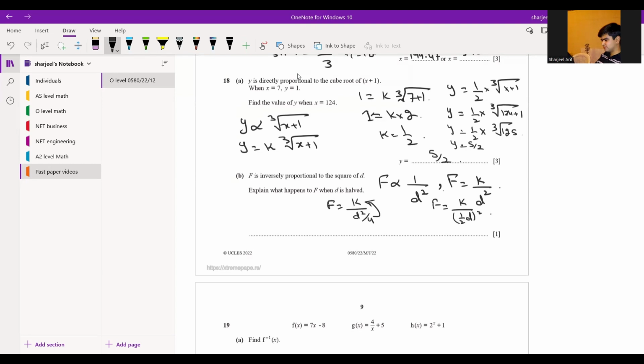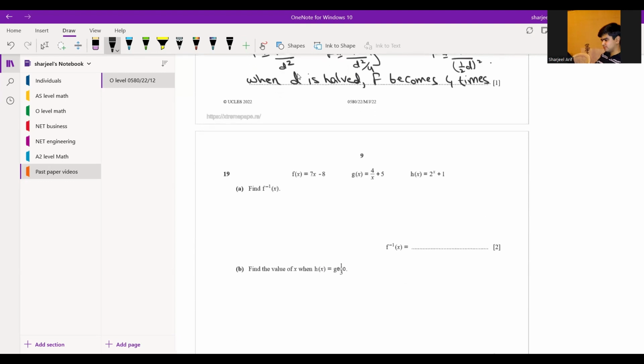So 4 will be multiplied by the numerator. So f will become 4k over d square. This means when d is half, f becomes 4 times. Or you can say multiply it by 4.